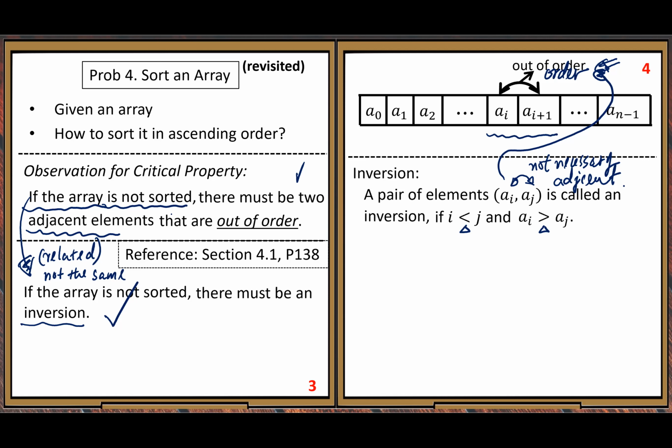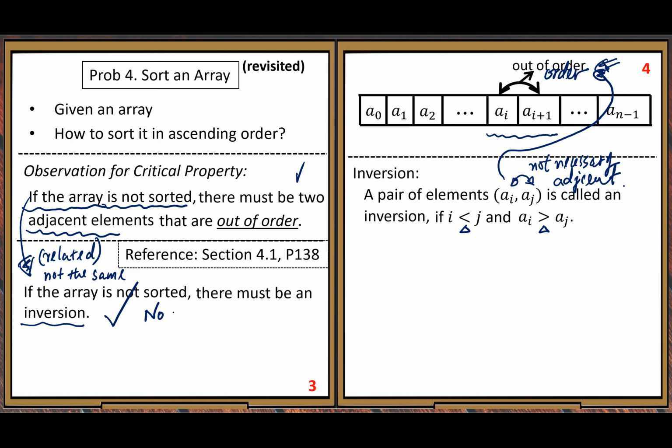Otherwise, think about it. If there is no inversion in a given array, then the array must be sorted. Can you see that?